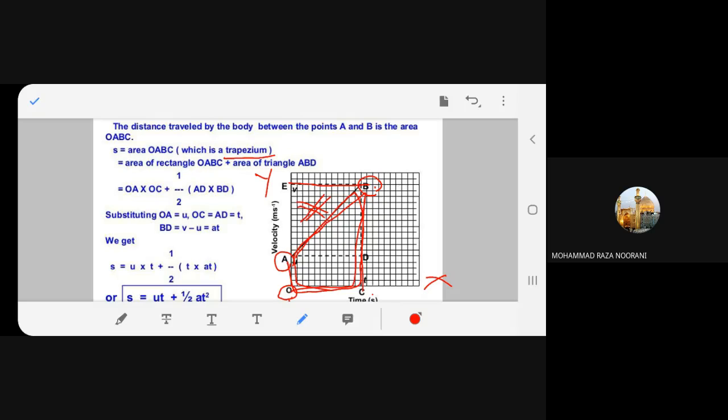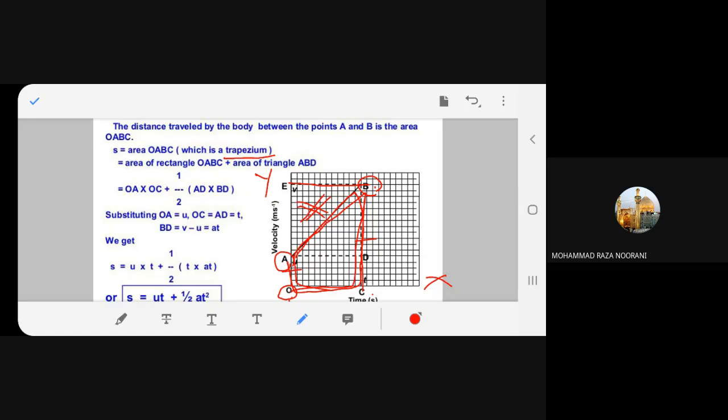What is the meaning of trapezium? One of the pairs of opposite sides is parallel. That is, it is not equal, remember that, but it is parallel. What is a parallelogram? Opposite sides are equal and parallel. But in the case of a trapezium, only one pair of opposite sides is parallel, not both, and they are not equal.